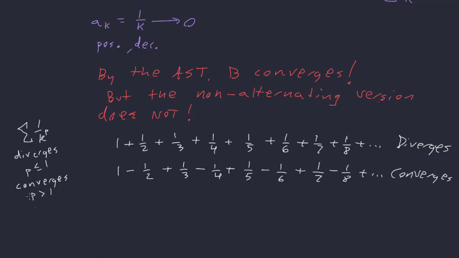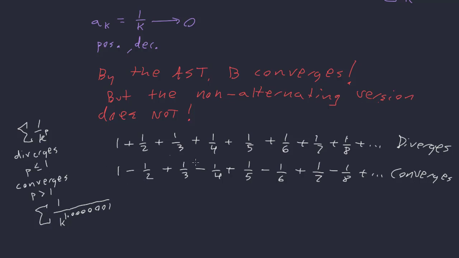So 1 is that cutoff point, right? So anything greater than 1 will cause the series to converge. So even something like this, the series of 1 over k to the 1.0000001, that will be just enough to get it to converge.